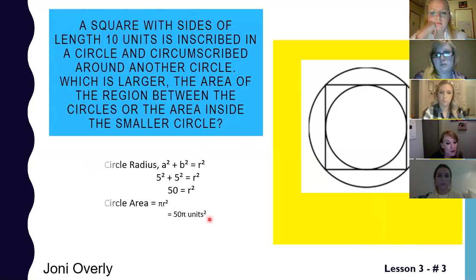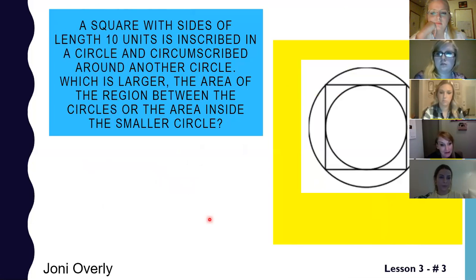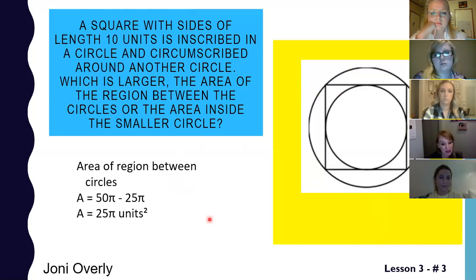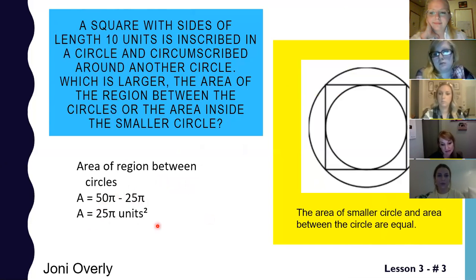Now we're going to subtract the area of the smaller from the larger. So when we do that, it's simply going to be 25. So the smaller circle and the region between the circles both have the area of 25 pi units squared. So they're equal to each other. They're the same.